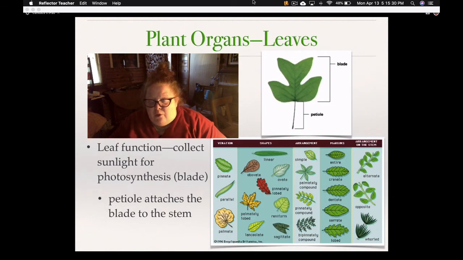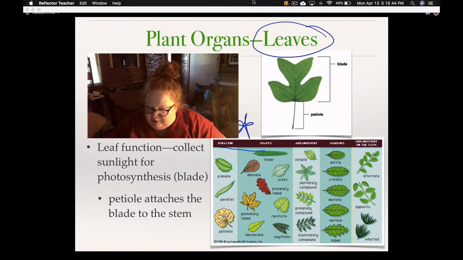All right, so the other organ of the plant are leaves. And you can see here there's a huge amount of variety in the shapes, arrangement, and just the appearance of leaves. You can see they vary quite a bit. And that's just because they evolved to whatever is the biggest advantage in their ecosystem.